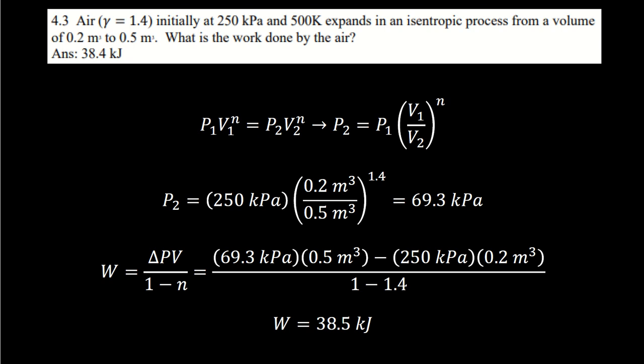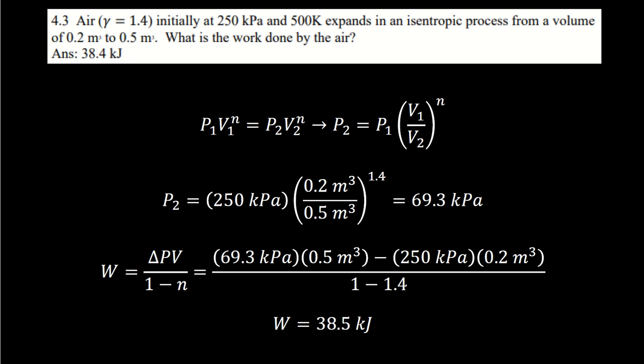Rearranging this, we can solve for our final pressure as P1 multiplied by the ratio of V1 over V2 raised to n. Plugging everything in, we get 250 kilopascals times the quantity of 0.2 over 0.5 raised to 1.4, our adiabatic index, and that comes out to a final pressure of 69.3 kilopascals.